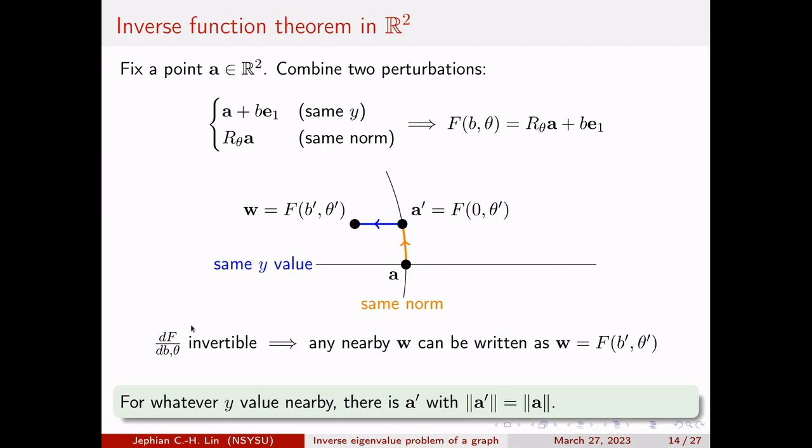So this Jacobian is invertible if and only if the two vectors are independent, or they span the whole space. That is to say, if these two tangents span the whole R2, then this statement holds.